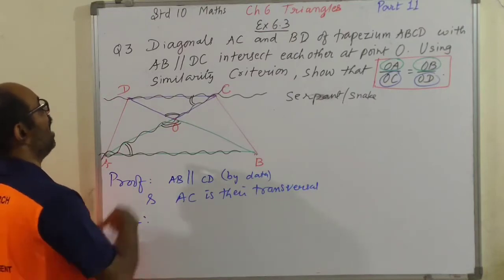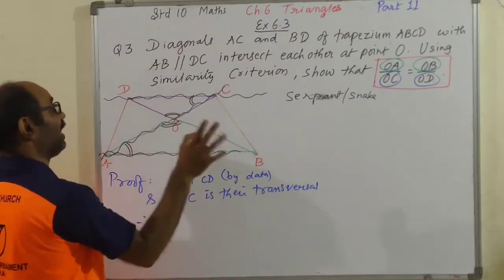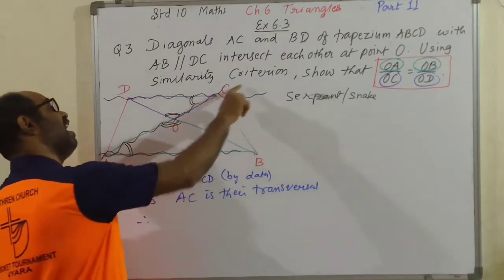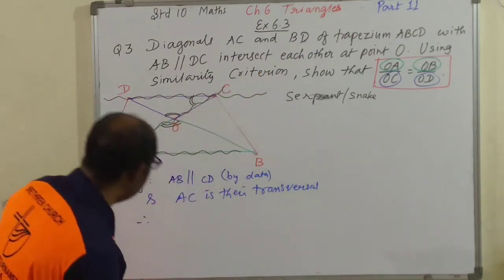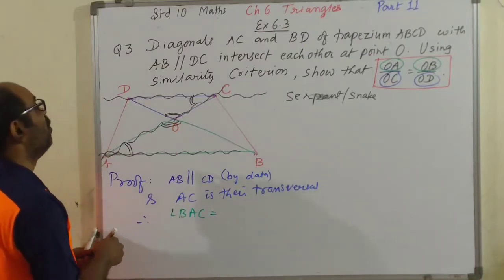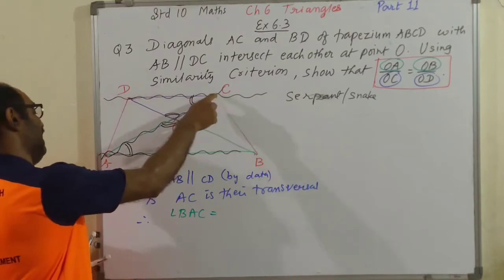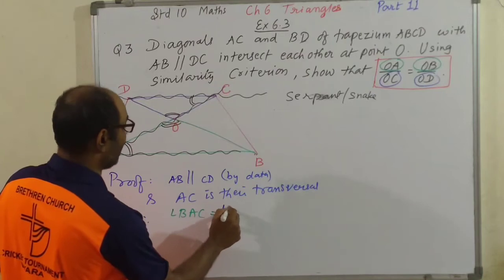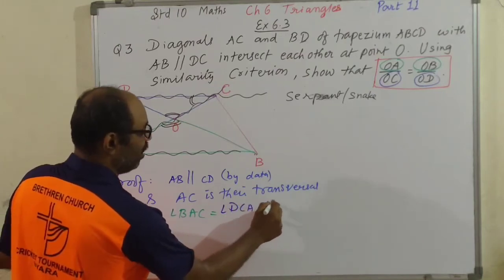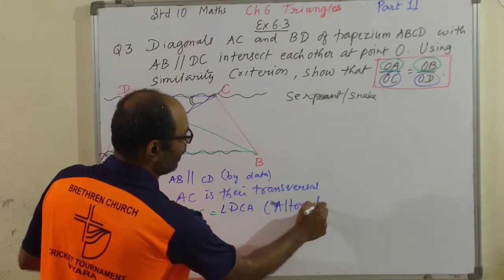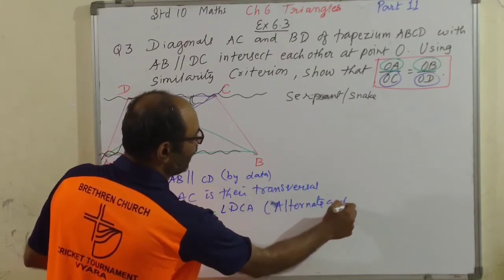Therefore, angle BAC is equal to angle DCA. What is that? Alternate angles. You may write alternate angles.